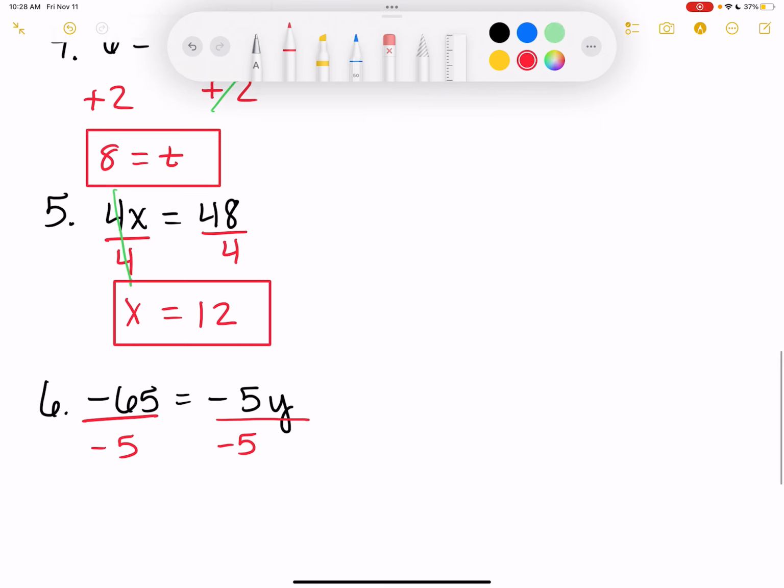So the -5's on the right with the y cancels. So on the right side I'm left with a y. -65 divided by -5 would be what? 13. Mm-hmm. Yep, 13, and negative divided by negative is positive, so it's positive 13.